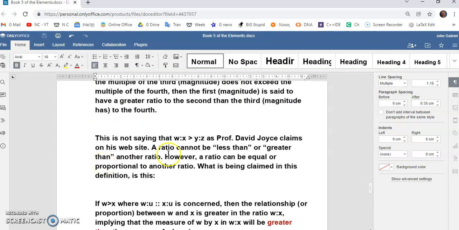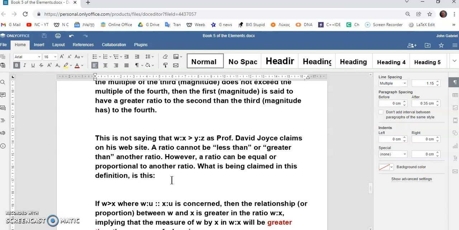And this is not saying that if we have these two ratios, this ratio is greater than this ratio, as Professor David Joyce claims on his website, because a ratio cannot be less than or greater than another ratio, okay? That's very important. But a ratio can be equal or proportional to another ratio.